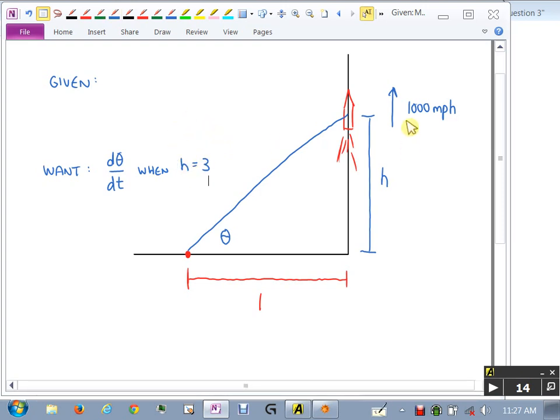We know that the rate of the rocket, which you could also look at as the speed at which h is growing, right? The speed of the rocket is how fast the length of h is changing. So instead of using some arbitrary variable, I'm going to use the h that I have in my right triangle. I did draw a right triangle here. Good?